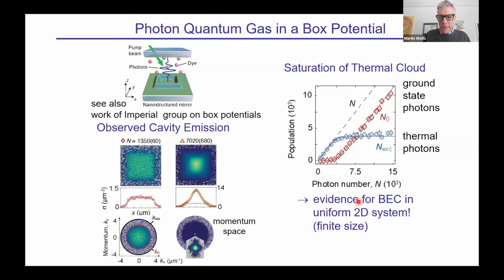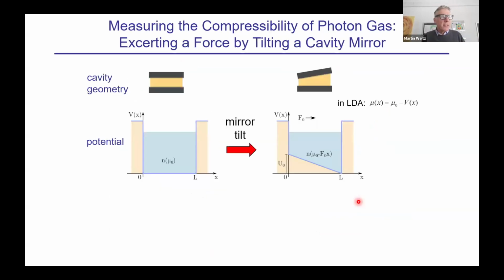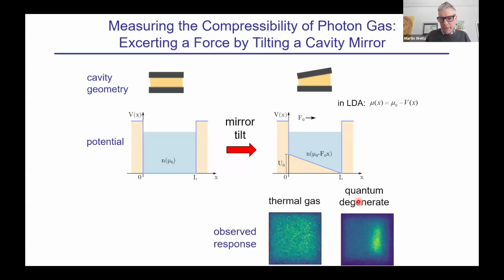So the advantage of this box system is that you can tilt one of the mirrors and apply a spatially uniform force, which is a great thing to measure the compressibility. For a thermal gas, the influence of the small tilt is relatively small, but as we become quantum degenerate, you see that photons much more simply go to the minimum of the potential.